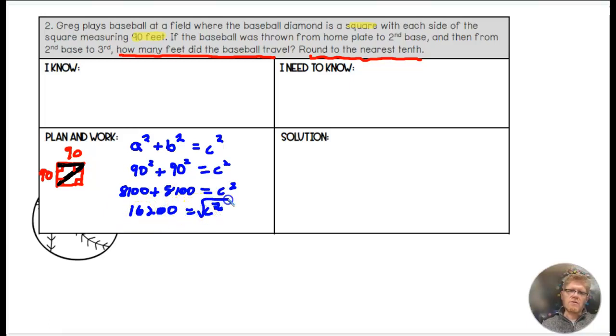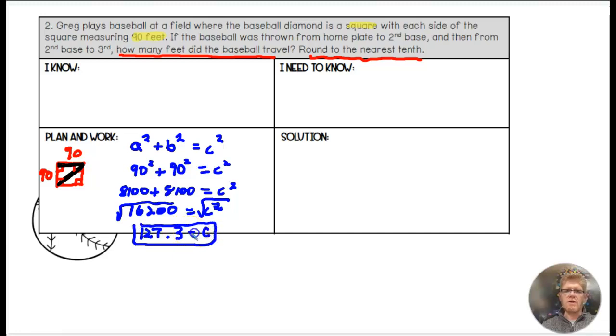And we want to take the square root of both. And so that is going to give us a c of around 127. It says round to the nearest tenth, so 127.27. I'm going to round that to the nearest tenth, so that's going to be 127.3.